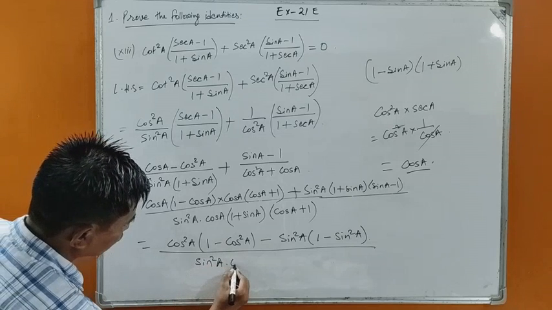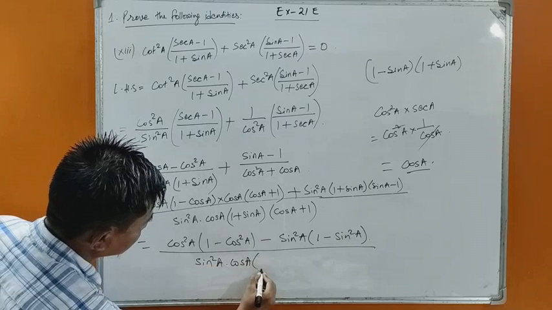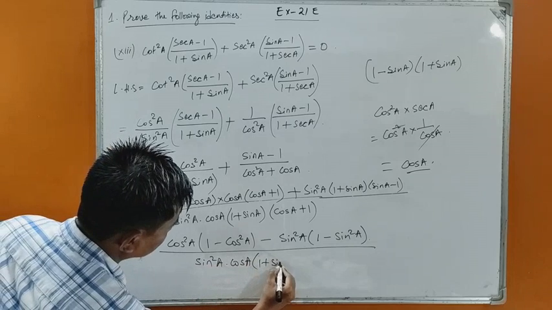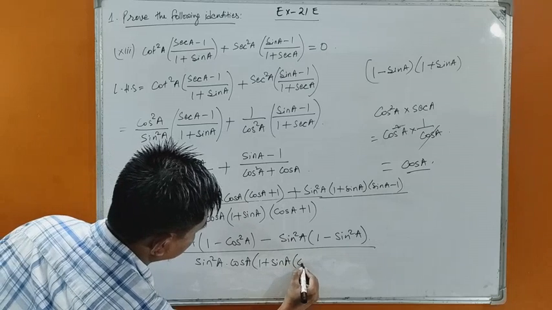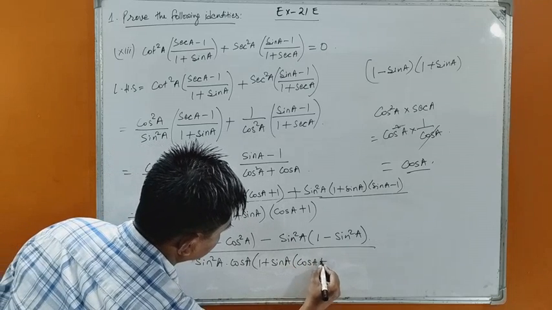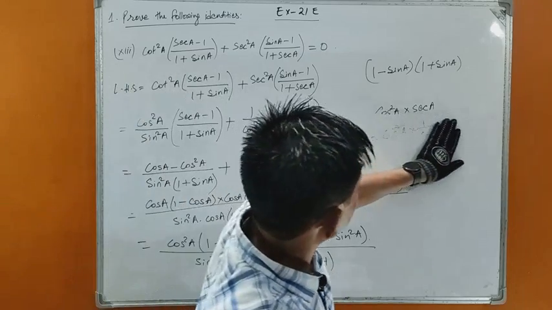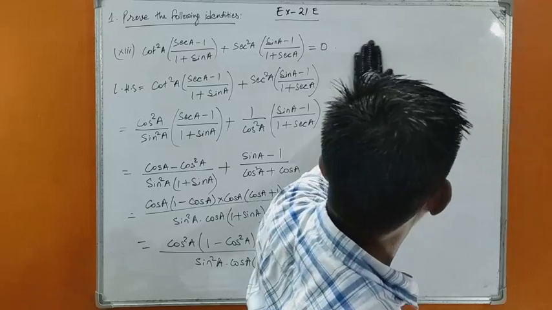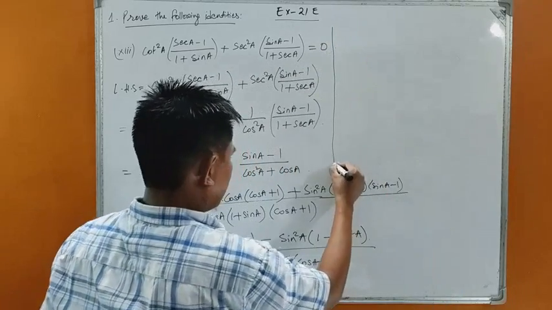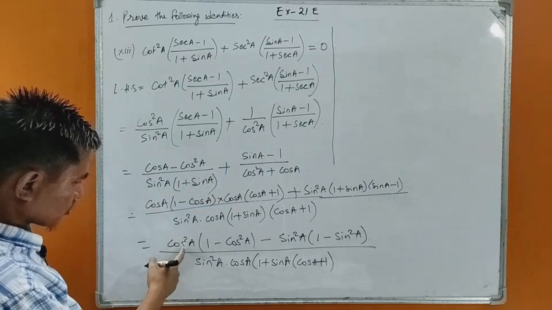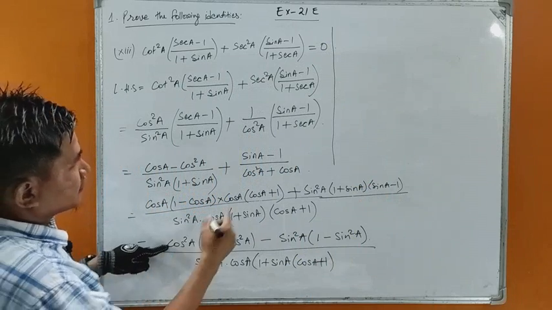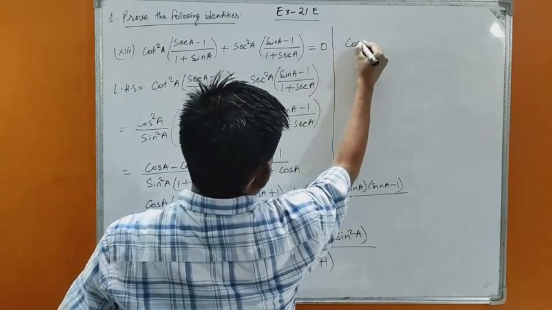In the denominator we have sin square a into cos a into 1 plus sin a into cos a plus 1, okay. We don't change anything from the denominator, we copy as it is. Let me continue the sum here. Now cos square a, we copy as it is, cos square a.